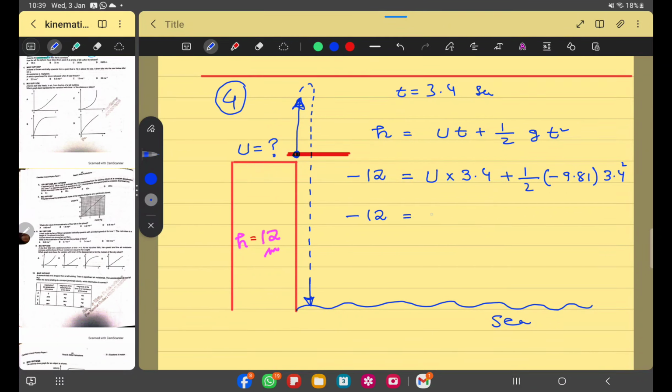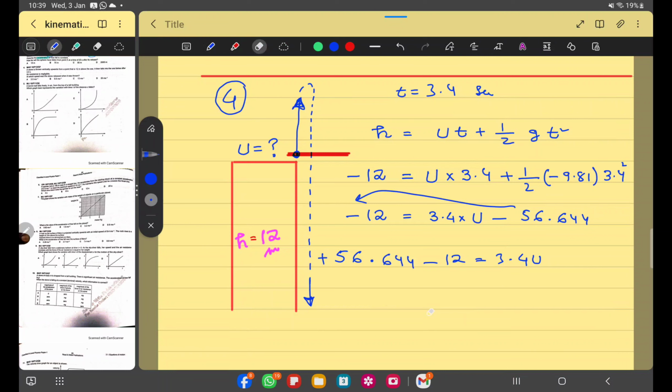Minus 12 is equal to 3.4 u minus, and now I am using the calculator. 3.4 square, multiply by 9.8, divided by 2, it is 4.9. So it becomes 56.64. And when this number is shifted to the other side, it becomes plus.